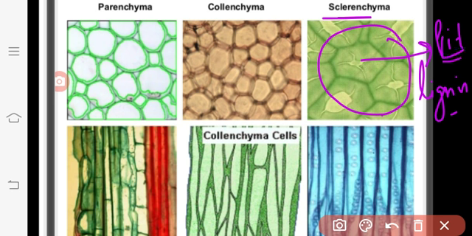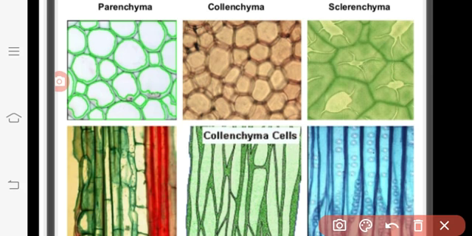Sclerenchyma is of two types. First is fibers and second is sclereids. Sclerenchyma fibers are made up of spindle-shaped, long and narrow cells that reach a length of 1 to 550 millimeter. They occur in the form of sheets or bundles.